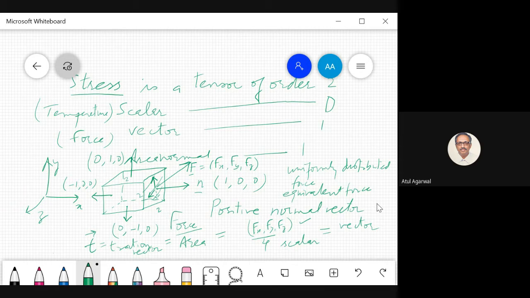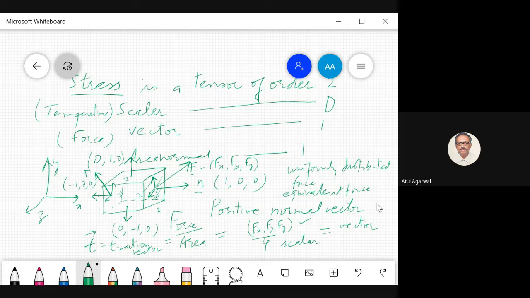So traction vector is a very simple concept. If you have a force on this face, I am showing a force like this. It has got components in x, y, and z directions. I can show it like this.